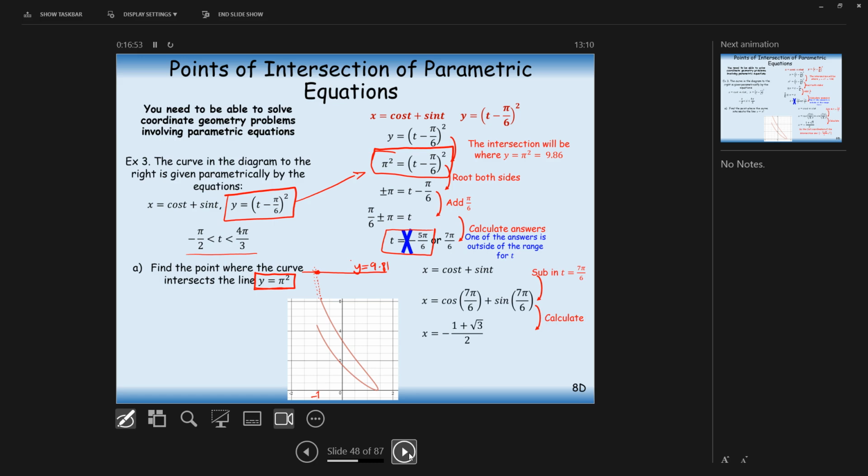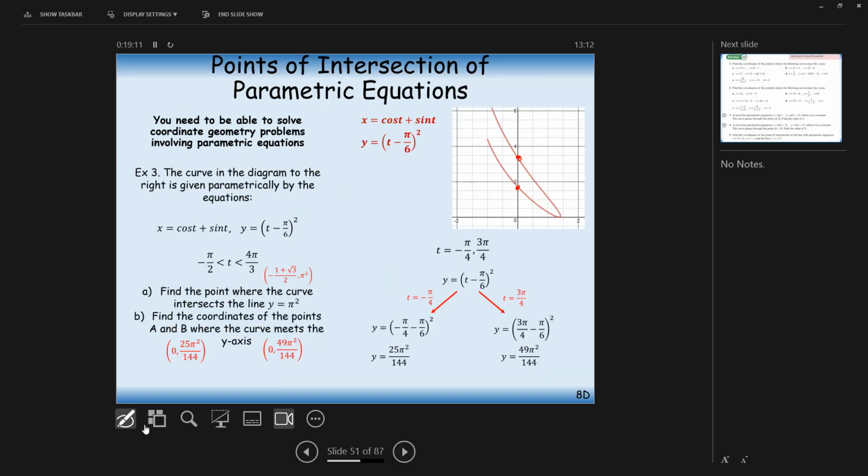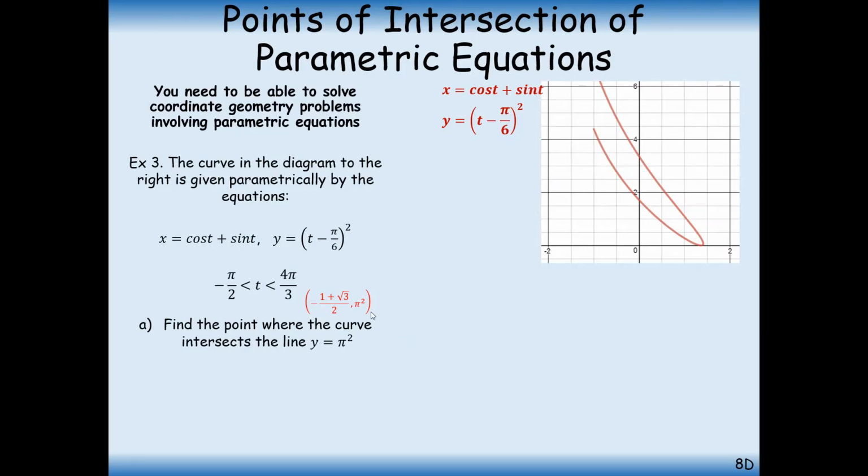Substituting 7/6 pi for x will give us this answer, and we already know that well. We started with the fact that y was equal to pi squared, so we don't need to do any substitution there.